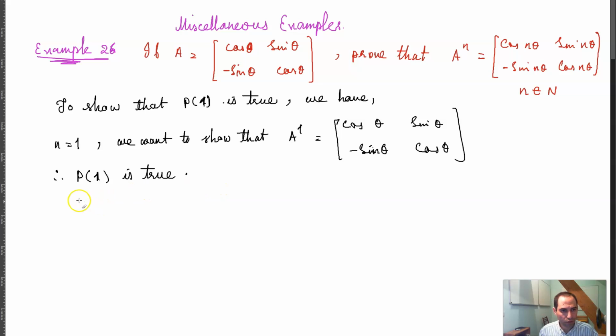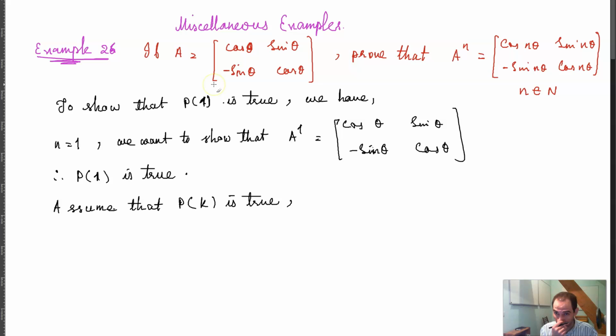Now, step number 2, I will assume that P of k is true, meaning that for some k, the relationship still holds.